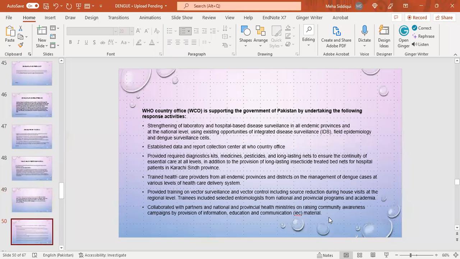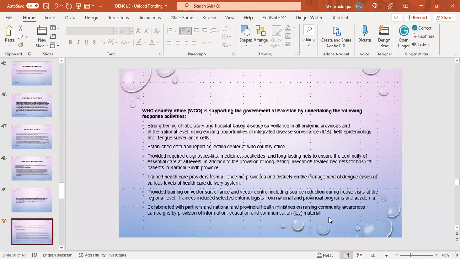The WHO country office is supporting the government of Pakistan by undertaking the following response activities: strengthening of laboratory and hospital-based disease surveillance in all endemic provinces and at the national level, including existing opportunities of integrated disease surveillance, field epidemiology, and dengue surveillance cells; establishing a data and report collection center at the WHO country office; training healthcare providers from all endemic provinces and districts on the management of dengue cases at various levels of the healthcare delivery system; and providing training on vector surveillance and vector control, including source reduction during house visits at the regional level.